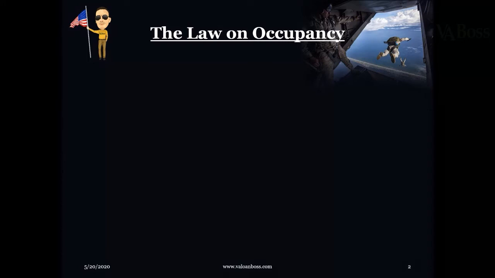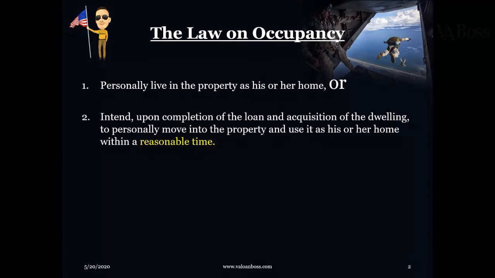The law of occupancy as it relates to the VA is a little different than other loan types. But it's pretty basic, pretty self-explanatory. They must personally live in the property as his or her home, or intend to, upon completion of the loan and acquisition of the dwelling, in a reasonable time. So let's talk about the first one, personally live in the property as his or her home.